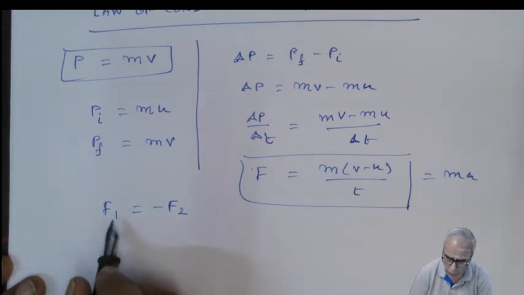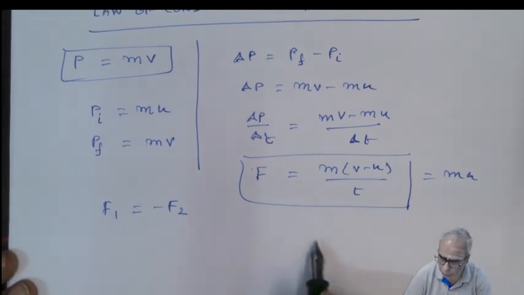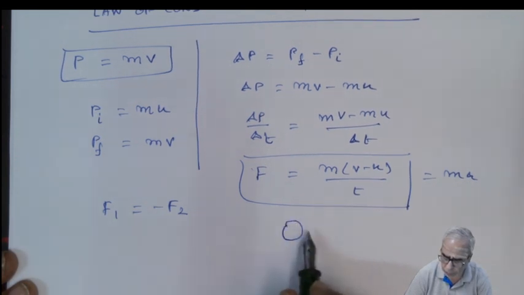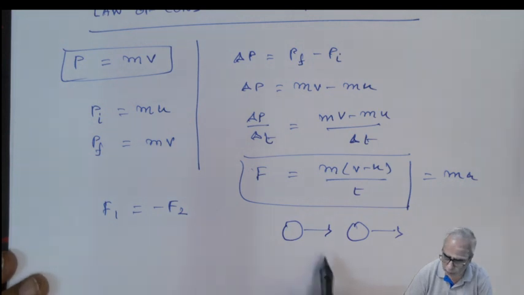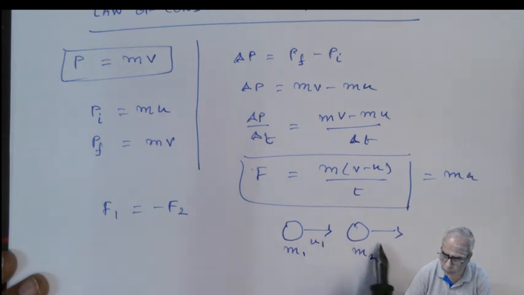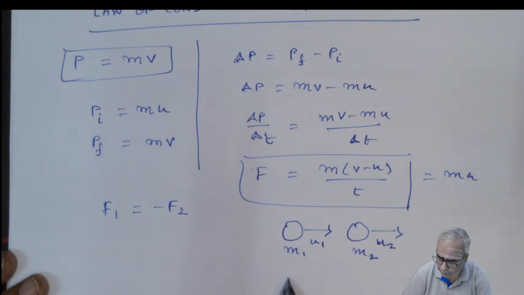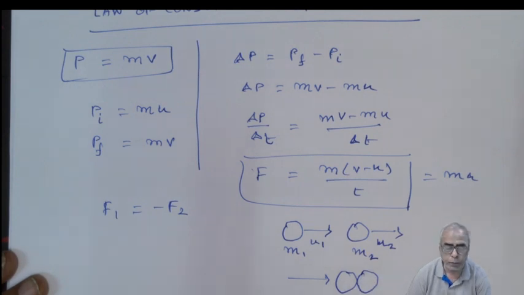Let me consider two bodies. They are moving in the same direction. Let me call this m1, this m2. This moves with velocity u1, this moves with velocity u2. Then after some time they collide. So they collide, and there is an exchange of force.